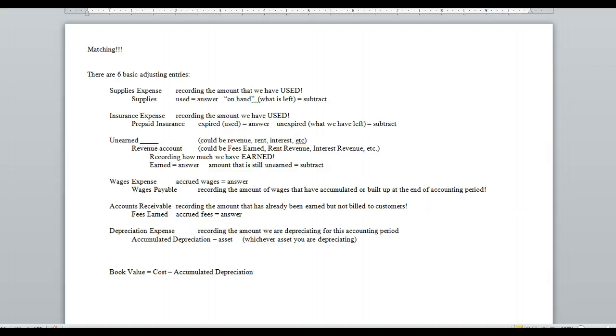So the balance in that account will just grow and grow and grow. So that represents the amount of my tractor that I have used up. So book value, cost minus the amount that I have used up. So how much I have left, right? The value on my books, my accounting records, the value of my tractor to me.